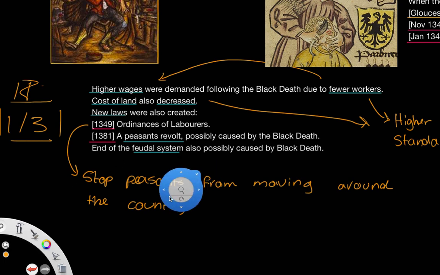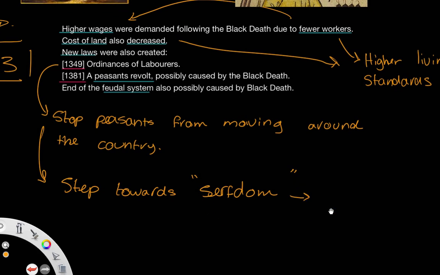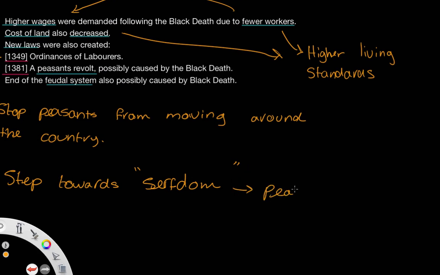And if you're someone who studies Russian history, you might be familiar with this sort of idea being a step towards what was known as serfdom. And serfdom is the idea that a peasant is tied to the land they work.